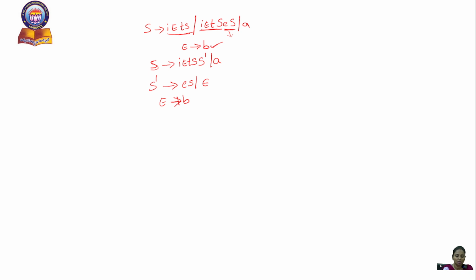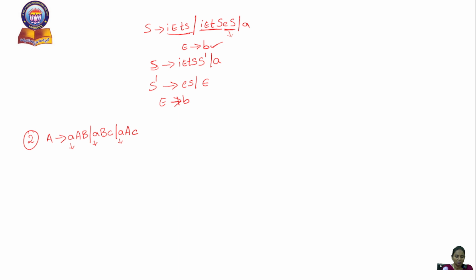So consider one more example, the second example. Let's consider A derives AB, A derives BC, and A derives AC. Now you can check here that A is common in all of them: AB here, BC here and AC here.